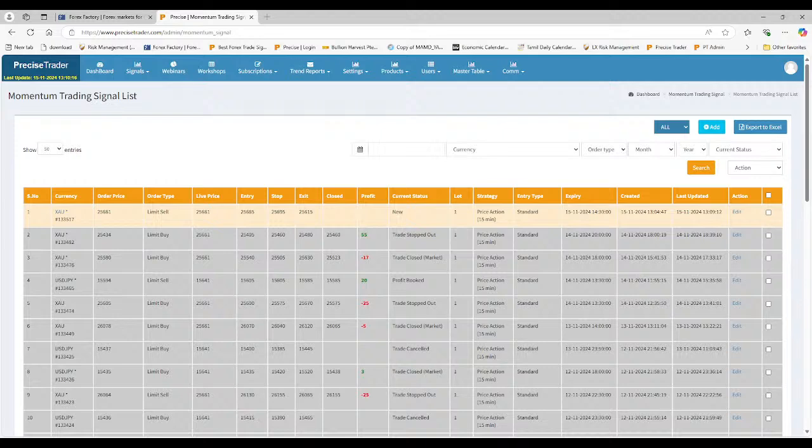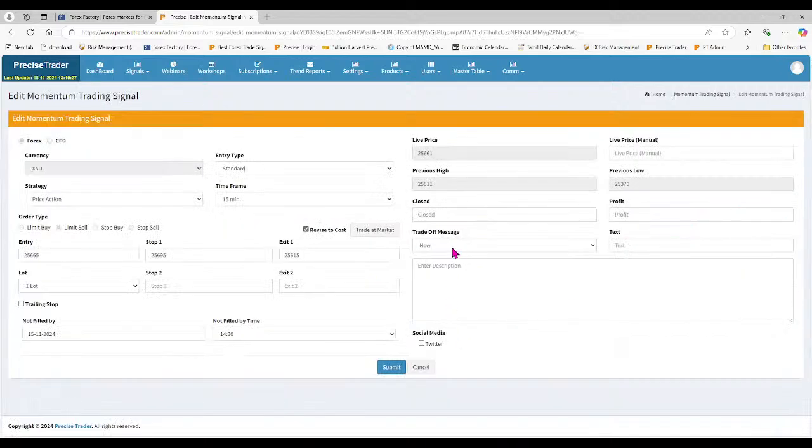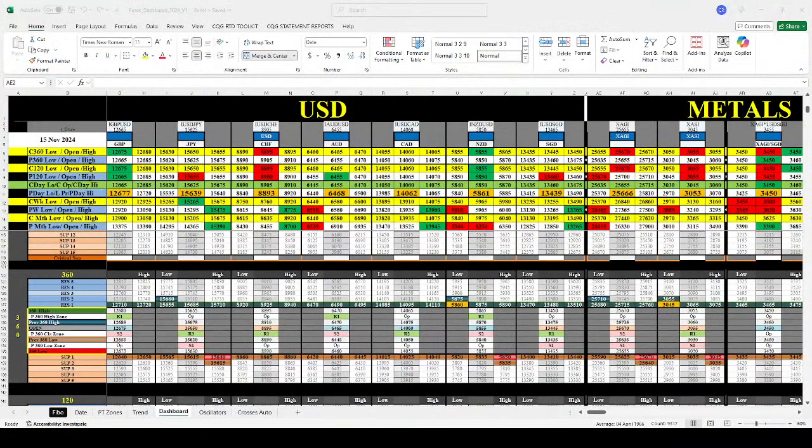Okay, so I think the order is filled. I managed to get it, so I think we should get this order filled, and I think it will update by itself. Not to worry on this. Now let's go and see on the chart.